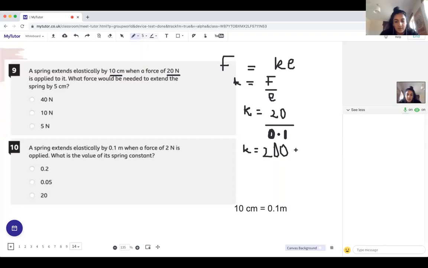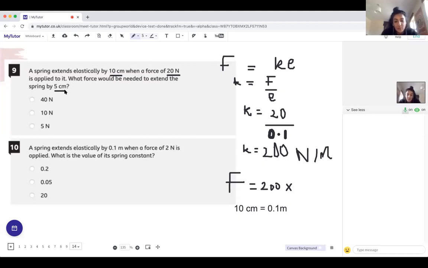newtons per meter. Now we want to work out what force would be needed to extend the spring by 5 centimeters. So we need to work out a force, which means we do spring constant times extension. We now have a value for spring constant, which is 200. And we want to work out the force that would be needed to extend the spring by 5 centimeters.